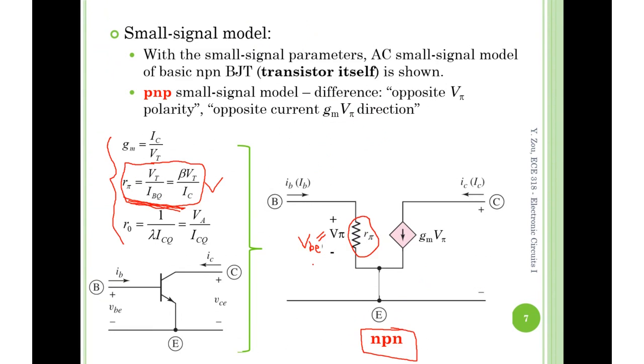Just like VGS in the MOSFET. Here is VBE, the voltage between 2 terminals, base and emitter. Perfect sense. And dependent current source for NPN is downwards, and current value equals to GM times VBE.